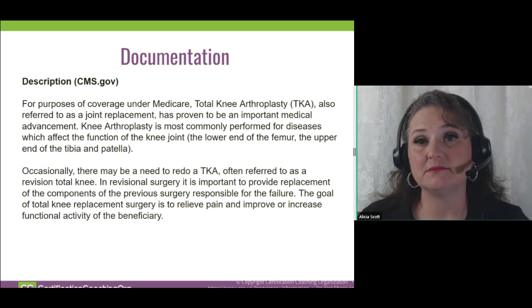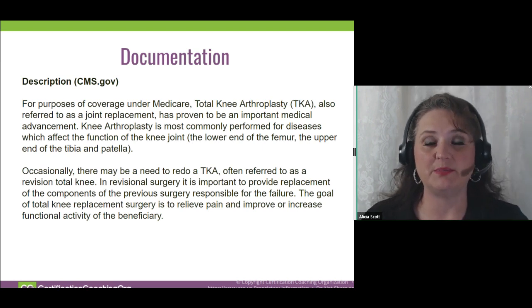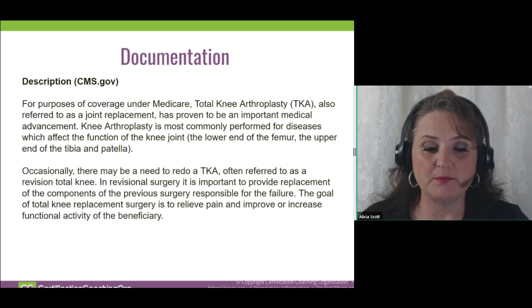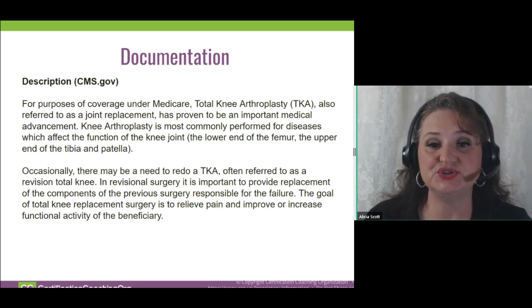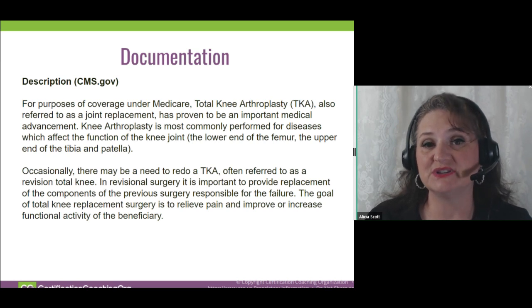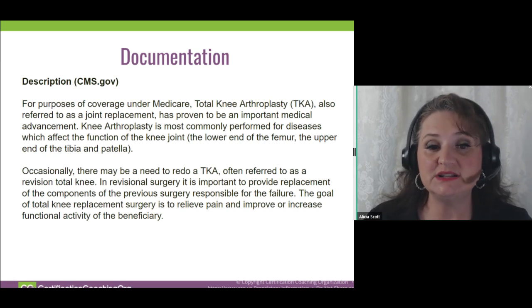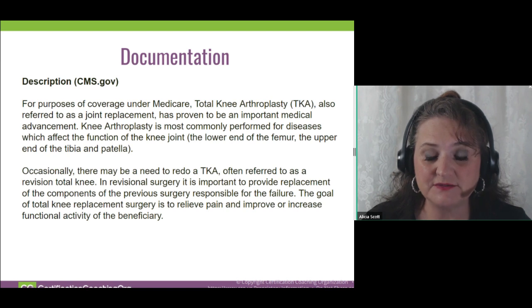CMS is very, not critical, that would be the wrong word. It's essential that the right documentation is used to prove medical necessity, meaning we need to know what's going on with this patient. And this came straight from cms.gov.